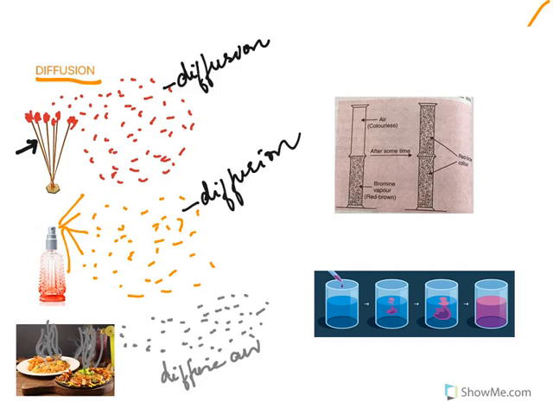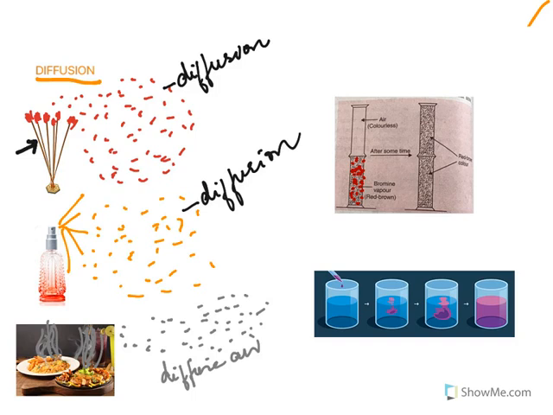Here, in the next picture, we have two jars. In one jar is bromine, a reddish brown colored gas. And over it is air, a colorless gas. There is no color in it. You keep these jars inverted one over the other.